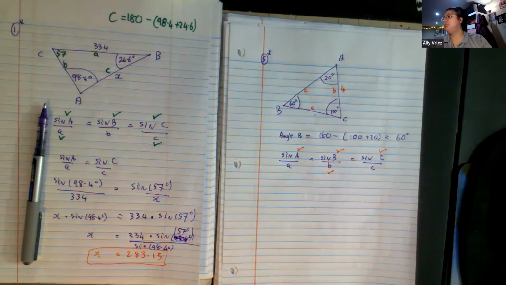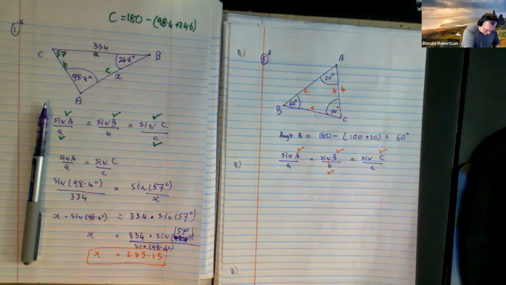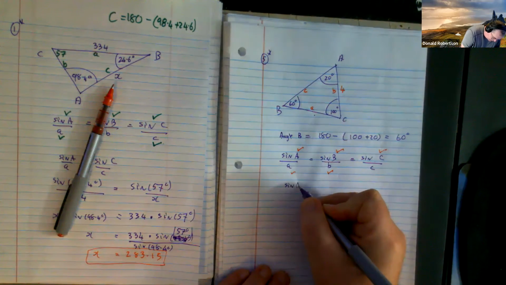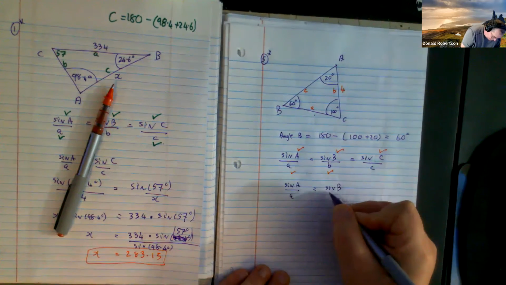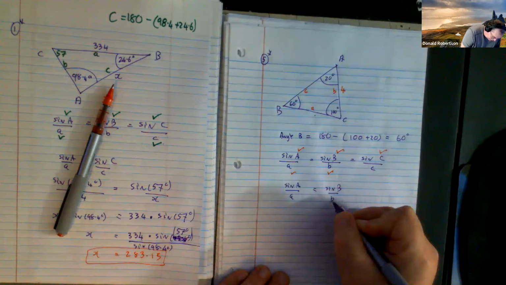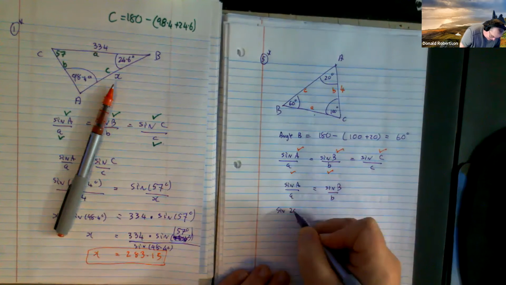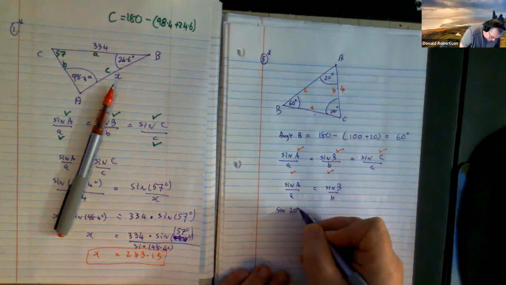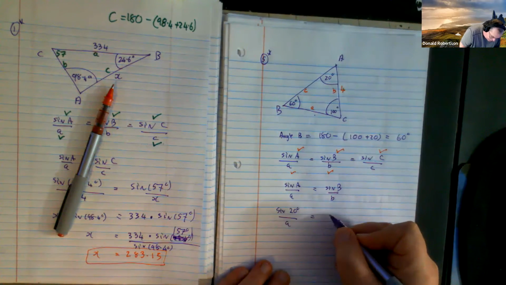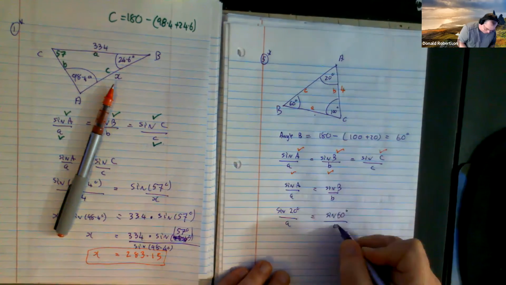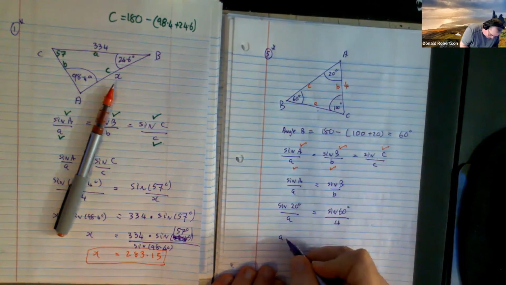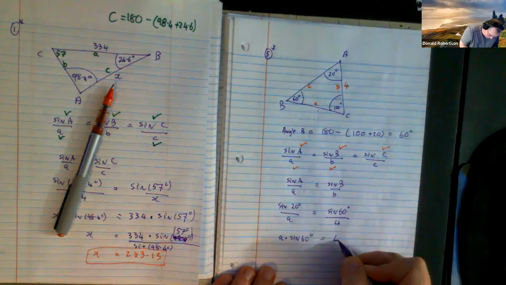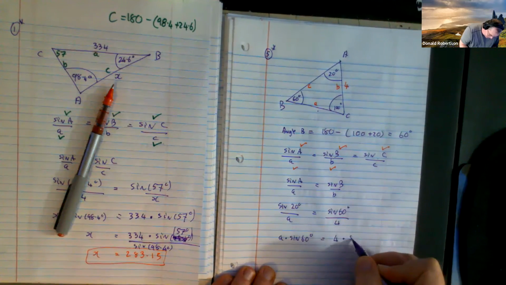A. Okay, let's do A, which means sine A over little a, sine B over little b. It's going to be the sine of 20 degrees over a is going to be the sine of 60 degrees over 4. A times the sine of 60 is 4 times the sine of 20.